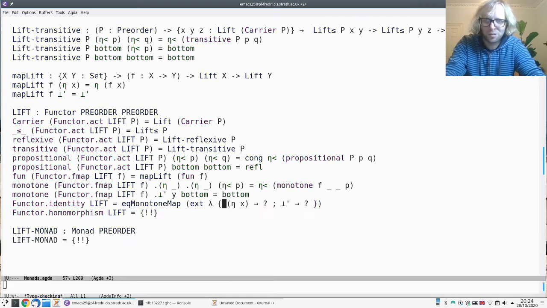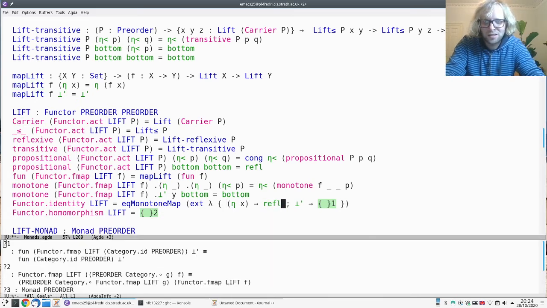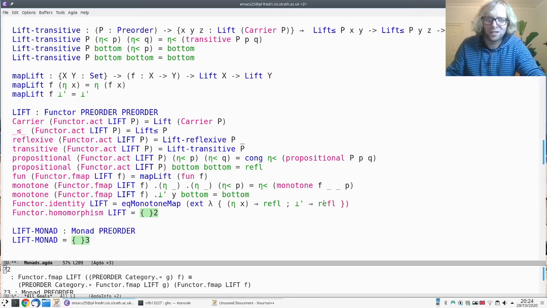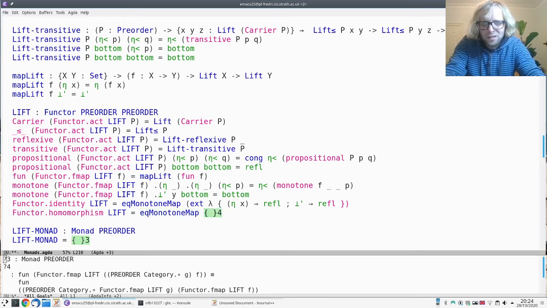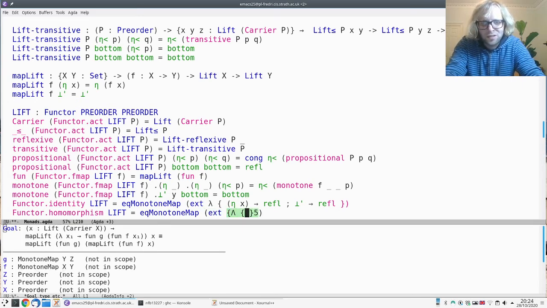So now I'm going to pattern match on the x, and that's going to make this maplift reduce. Right, so in this case, it's easy, and in this case, it's easy. So I only need to match on the x so that I get this to reduce, and then in both cases it's easy. And similarly here, let's use a pattern matching lambda.